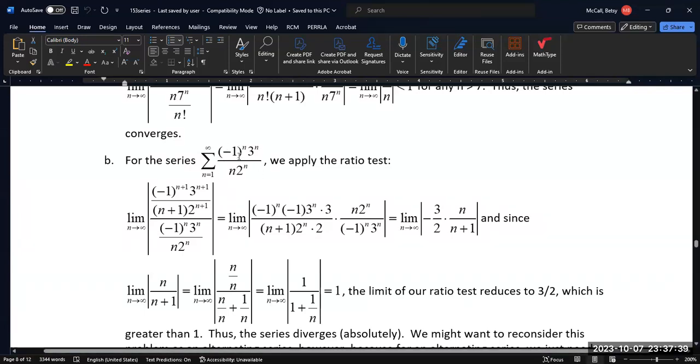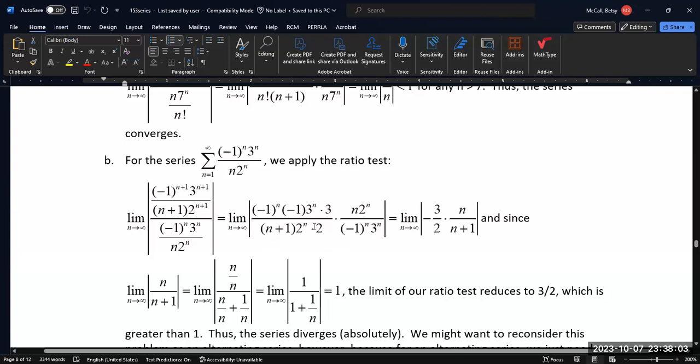But we've taken this expression, and everywhere there's an n, we've replaced it with n plus 1. And then just the term from the series goes in the denominator. And again, flip and multiply. I've split up my -1 to the n plus 1 into -1 to the n and a -1. Same thing for my 3 to the n plus 1.